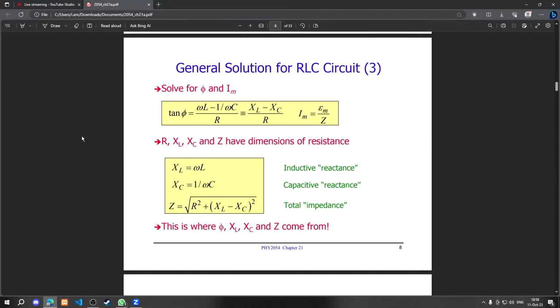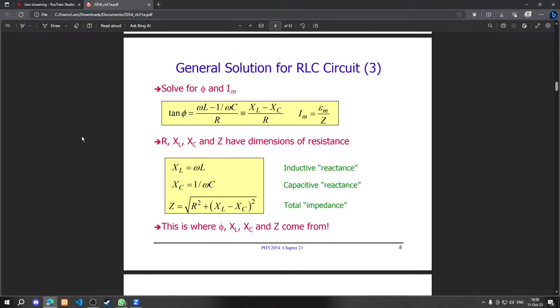It's expressed through the active resistance and the passive resistance of inductor and capacitor. The passive resistance of the inductor is omega L, and the passive resistance of the capacitor is 1 over omega C. You know all of these things, so you have the solution to your equation, right?